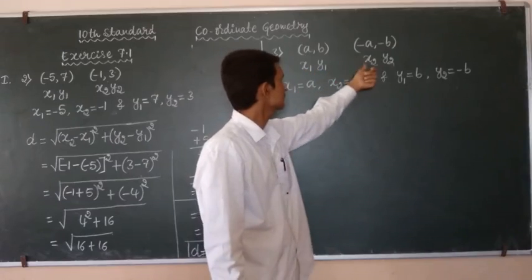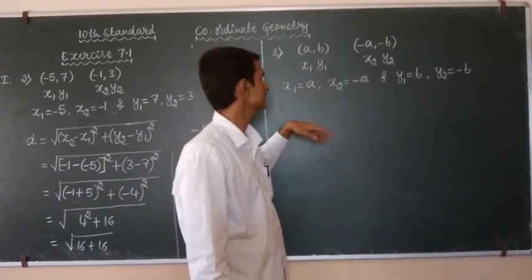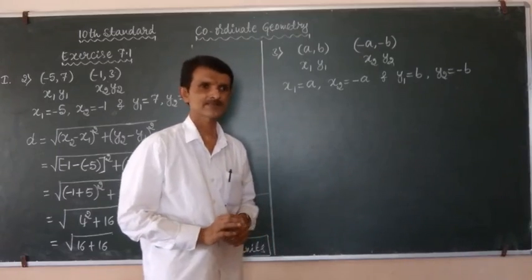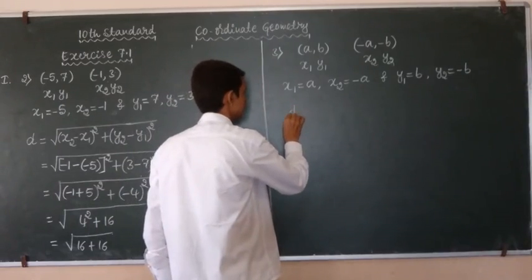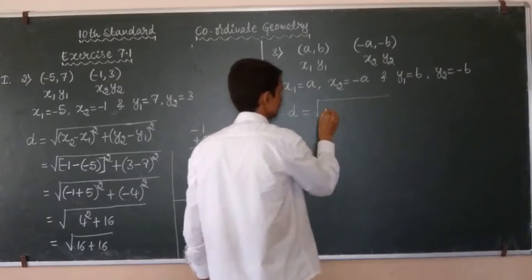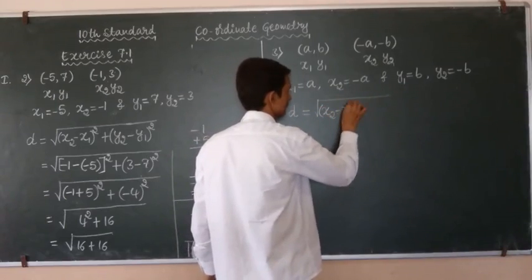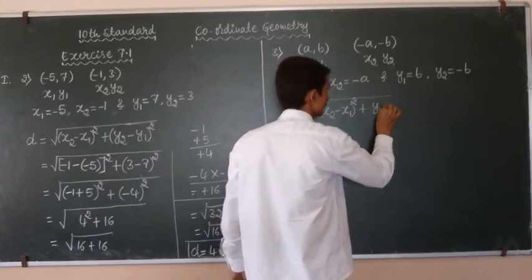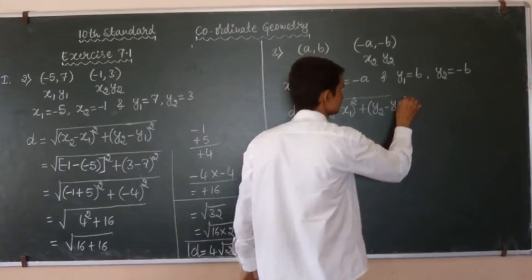ಸೊ x1 x2 ವ್ಯಾಲ್ಯೂಸ್ ಬರ್ಕೊಳ್ತಾರೆ ವಿತ್ ಸೈನ್. ಸೈನ್ ಇಸ್ ವೆರಿ ಇಂಪಾರ್ಟೆಂಟ್. ಸೊ ಇದನ್ನು ಫಸ್ಟ್ ಬರ್ಕೊಂಡ್ರೆ ನಾವು ಅರ್ಧ ಪ್ರಾಬ್ಲಮನ್ನು ಸಿಂಪ್ಲಿಫೈ ಮಾಡ್ಕೊಂಡಾಗುತ್ತೆ. ಸೊ ನಾವು ಫಾರ್ಮುಲಾ ಅಪ್ಲೈ ಮಾಡಿ b equals root of x2 minus x1 whole square plus y2 minus y1 whole square.